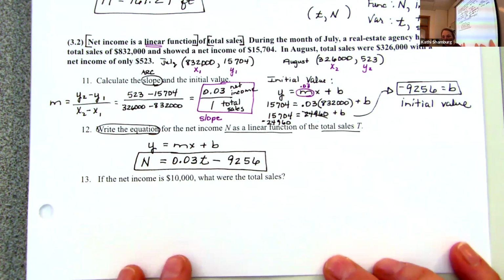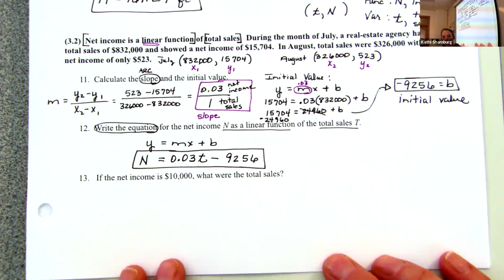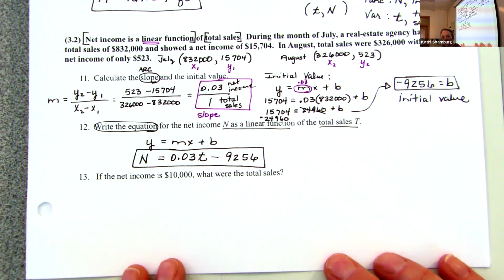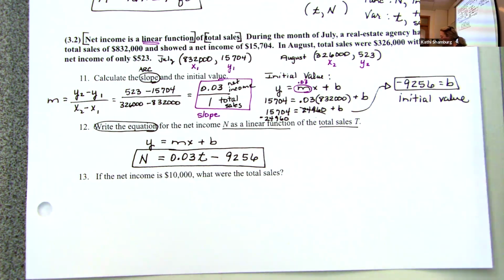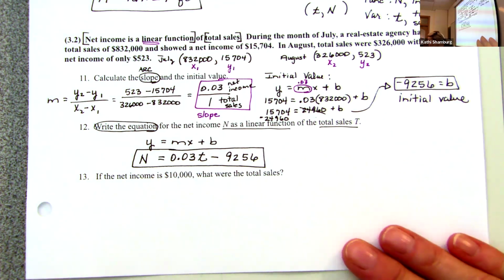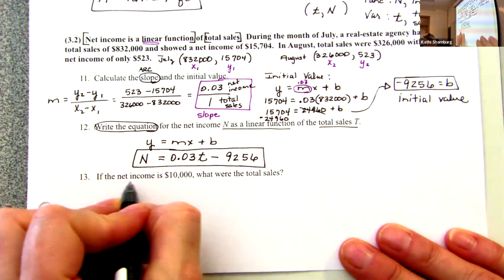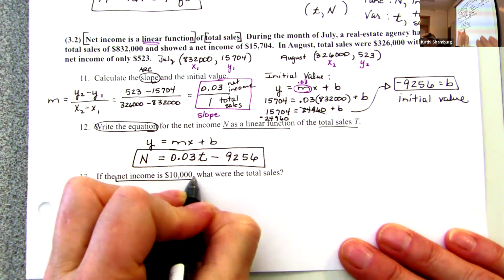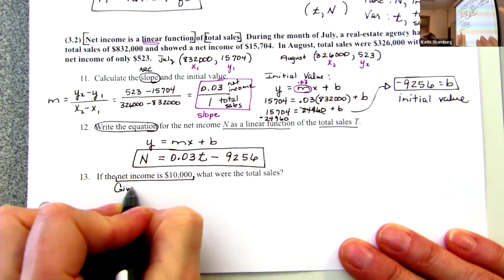And then, of course, that equation is going to be needed for number 13 that says if the net income is 10,000, what were the total sales? Okay, what was given?